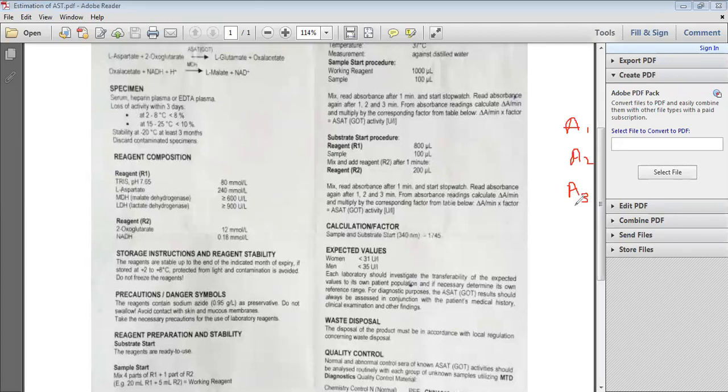Now you have three different absorbances, maybe in an increasing pattern or maybe in a decreasing pattern. Now you will use these three absorbances to find the delta A.